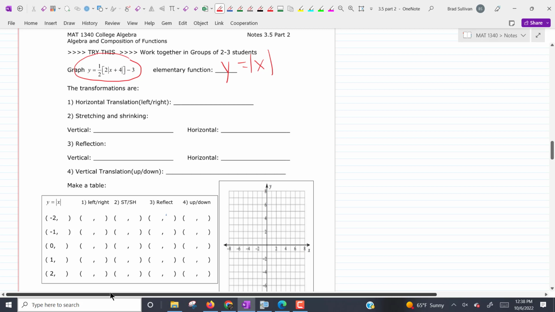And if there's no reflection, then step 3 in your points isn't going to change anything from step 2.